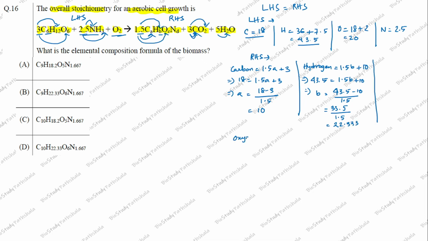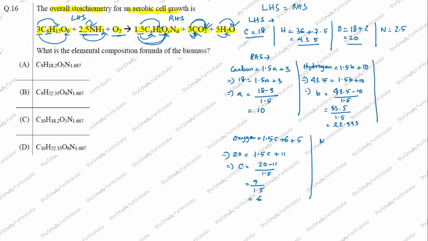Next is for oxygen, that is 1.5 into C plus 3 into 2, that is 6, plus 5 into 1, so 5. In LHS, the value of the oxygen was 20. So it will be 20 equals 1.5 C plus 11. So C value will be 20 minus 11 by 1.5, that is 9 by 1.5, which will be 6.